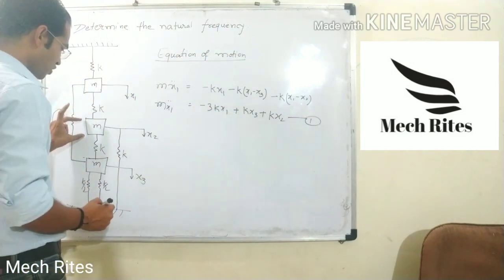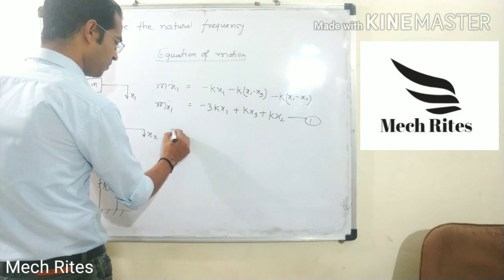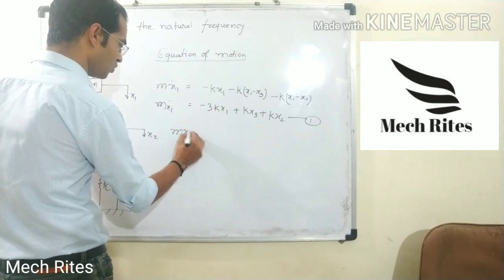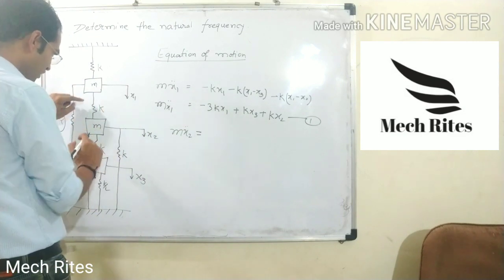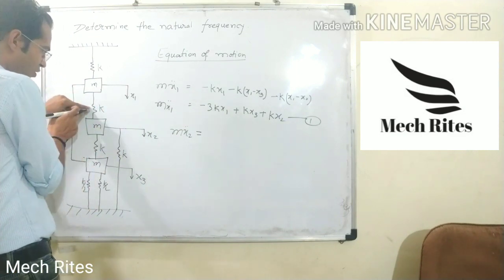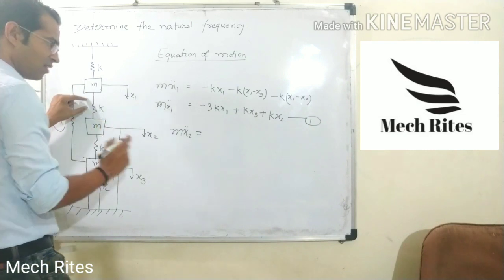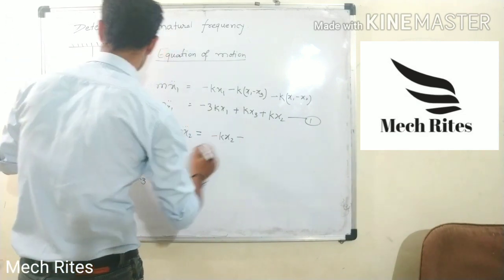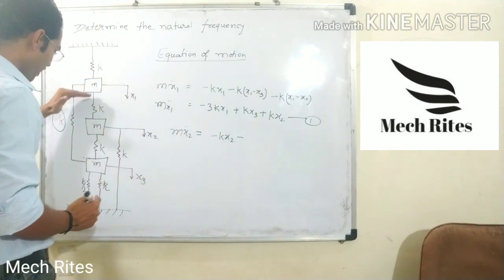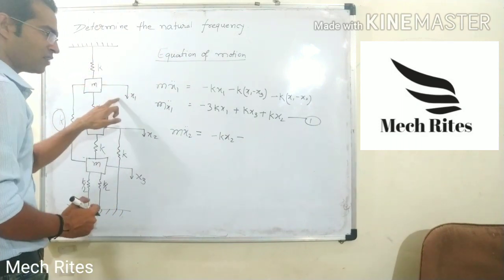Similarly, I will write the equation for the second mass. It will be m x2 double dot. First, when x2 will decrease, first this will try to increase the length. So I will write minus k x2 minus x1, since whenever it goes down, x1 will affect.